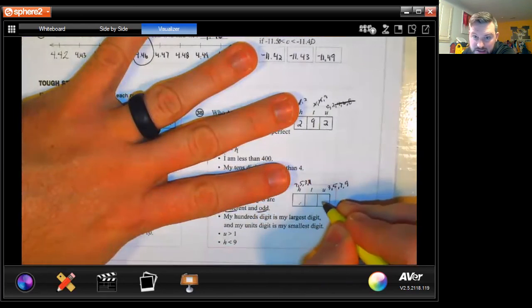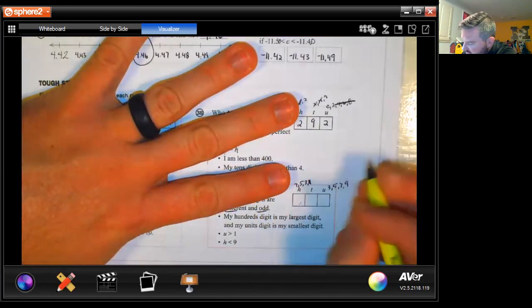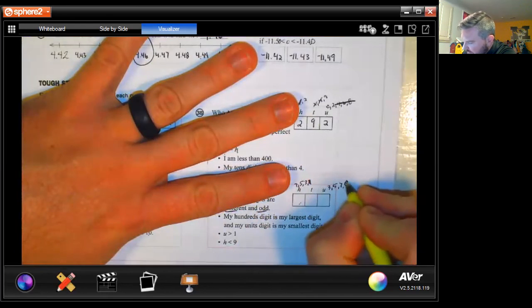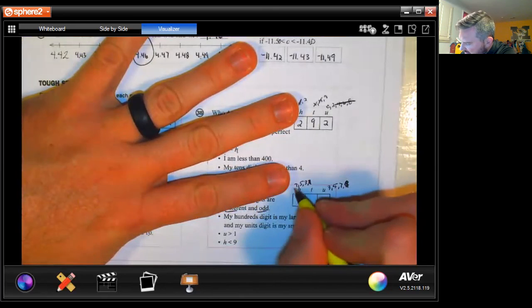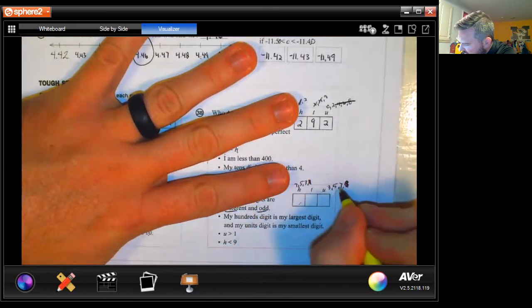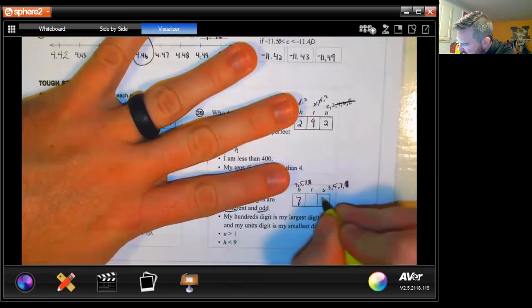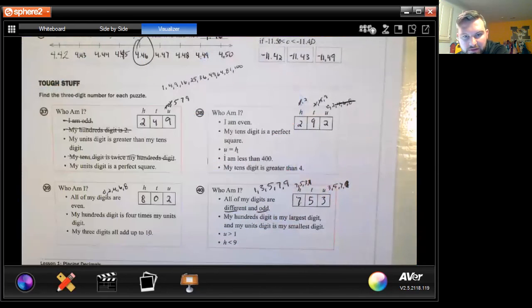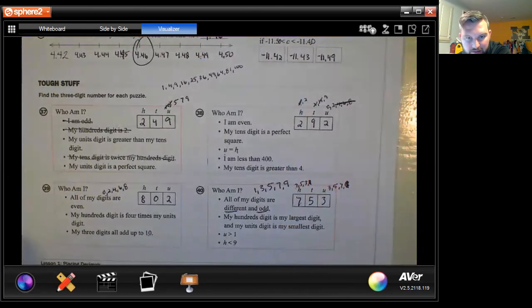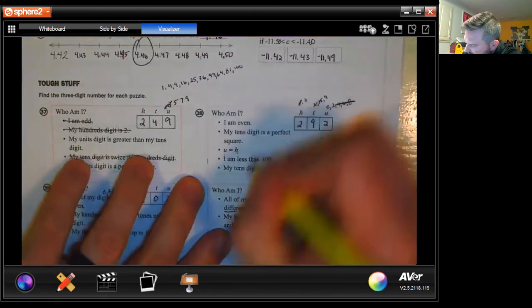This units digit is the smallest number, so it cannot be a 9. If you look here, I only have 3 digits left, and I have 3 spots. I have 7, 5, and 3. Out of that, the biggest number is 7. The smallest number is a 3. So 5 is the only number left, because we couldn't have a 1 and we couldn't have a 9.